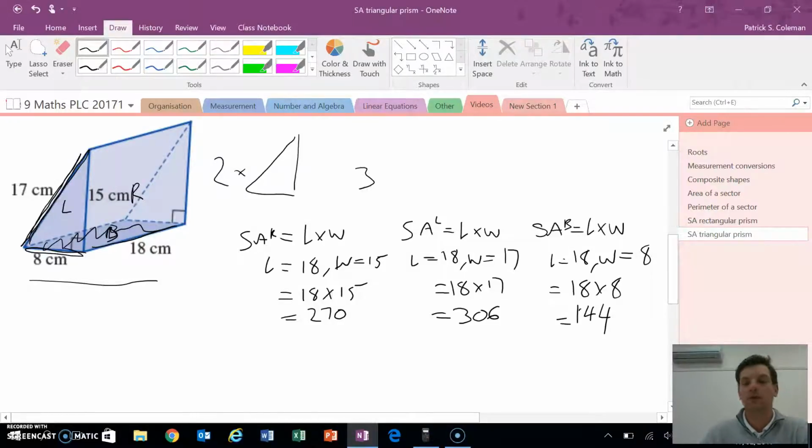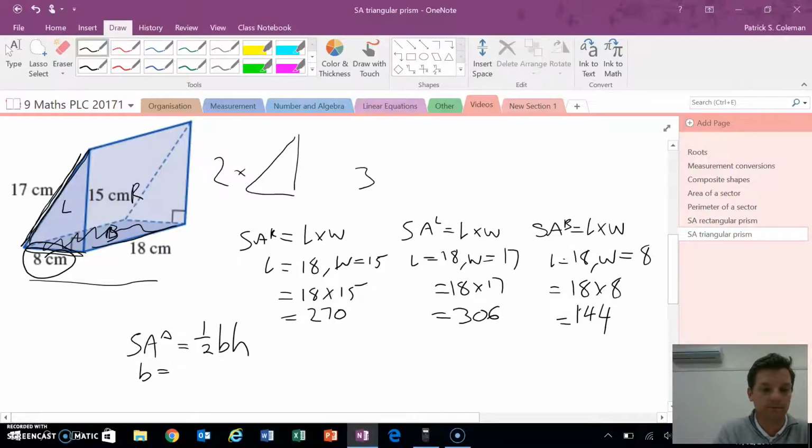So at the moment we've found the surface area for each of the individual rectangles. We also need to find the surface area of the triangle. To find the surface area of the triangle, it's half base by height. Our base is 8. Our height is 15.